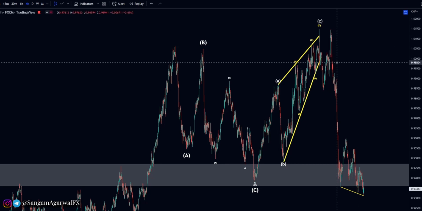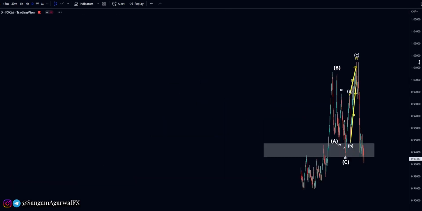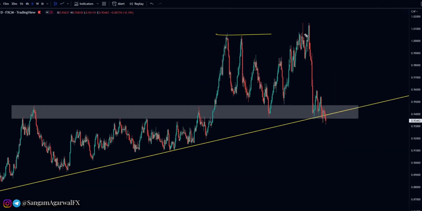And if we see USDCHF on the daily time frame, then this was your horizontal resistance level. It made a fake breakout, made a double top, then came down, because that was the time when central banks were selling dollar, and now the Fed is decreasing their rate hike size.